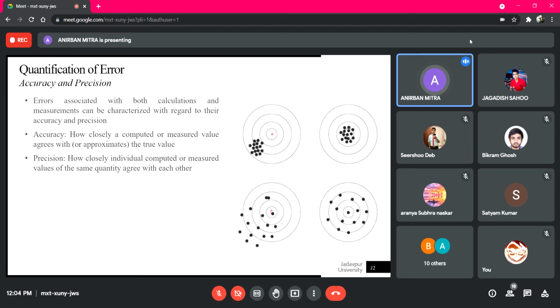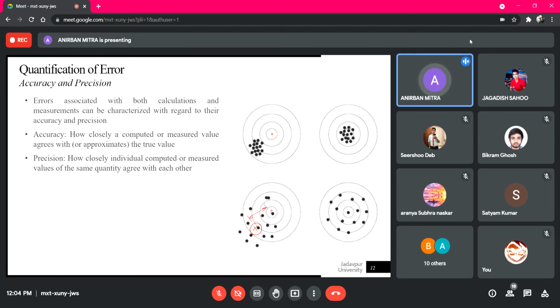So you can see some of them have gone very close, but some of them are quite far away. So what would you say, this process, is it accurate or is it precise? If we consider a mean of all these different values, results, you will find that it would be somewhere around here, somewhere around the lower left corner. And that is quite far away from the center of the target.